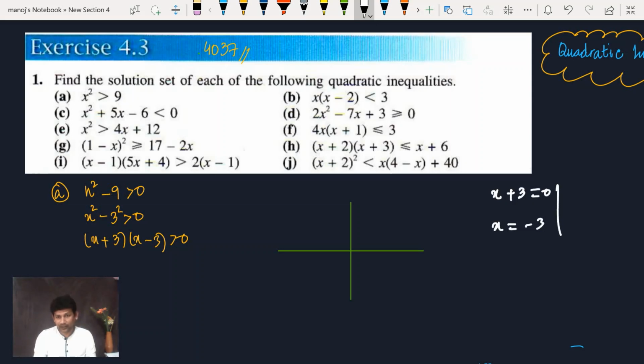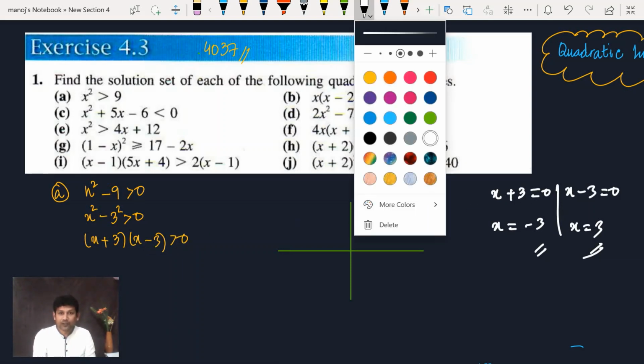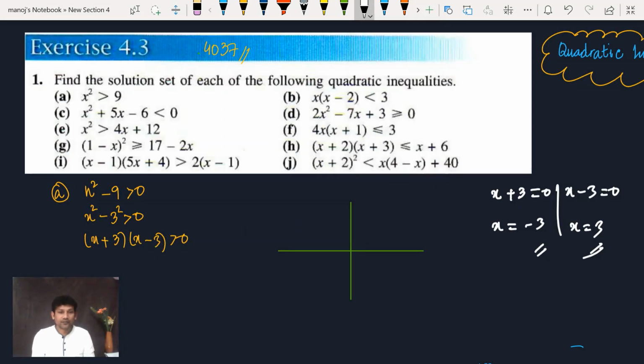I'm just writing this on the right side: x minus 3 equals 0, so x is equal to 3. I'm solving this part with the equal sign at the right side of the paper. Now the results are minus 3 and 3. I'm writing here: this is minus 3 and this is 3.